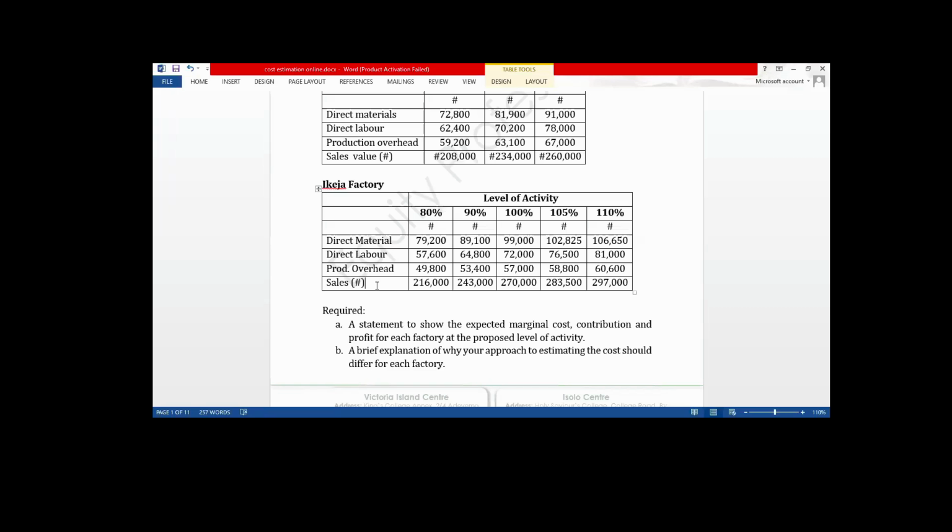Yes, Alexia. So, marginal cost is a variable cost incurred in related production.